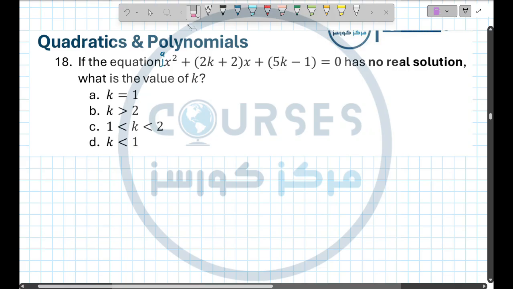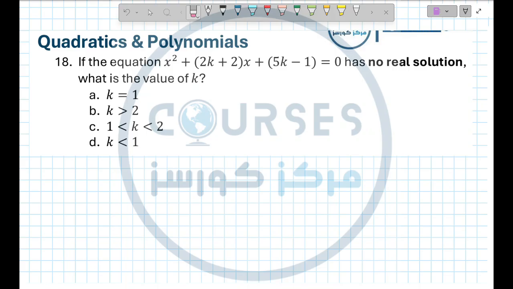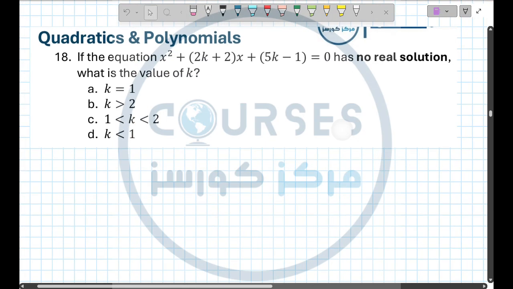Okay, now quadratics and polynomials. For this question, the equation x squared plus 2k plus 2 times x plus 5k minus 1 equal to 0 has no real solution. So we know if a problem has no real solution, it means the discriminant is less than 0.